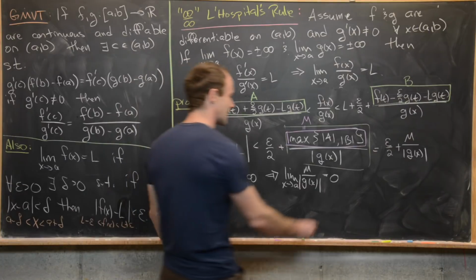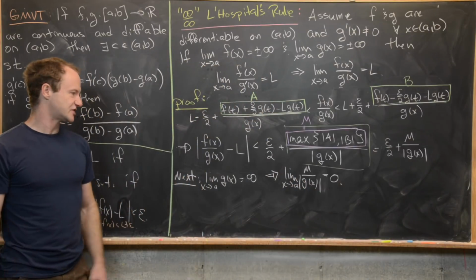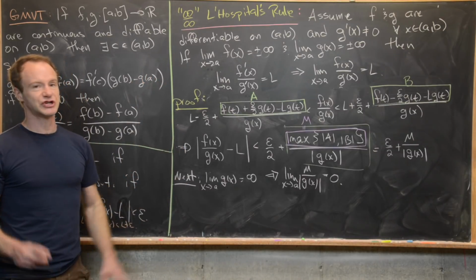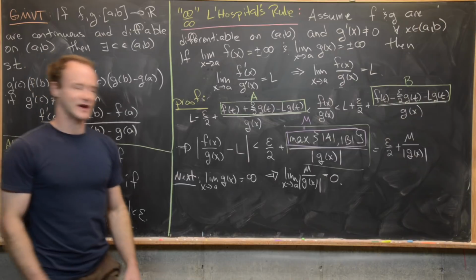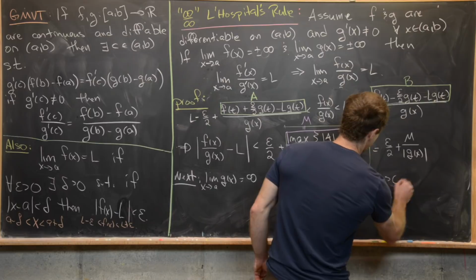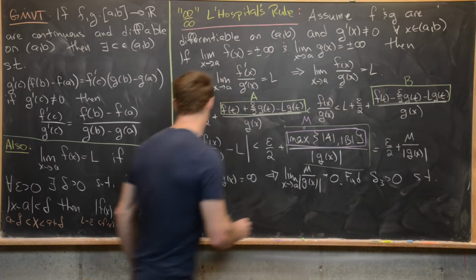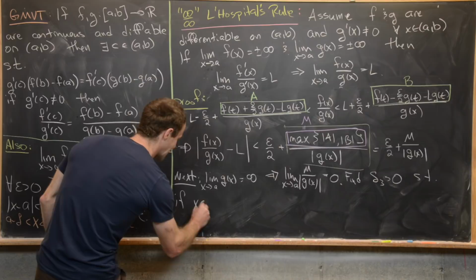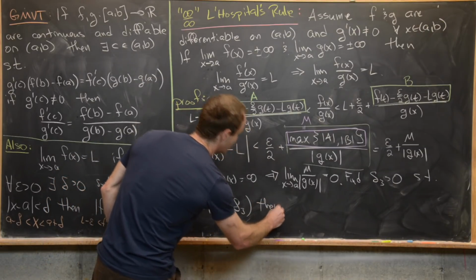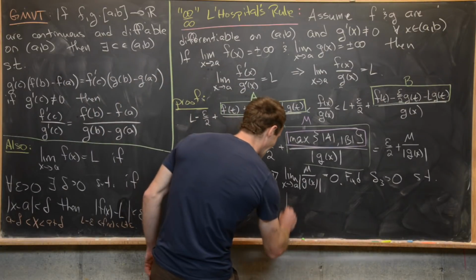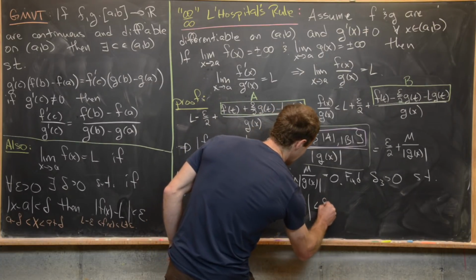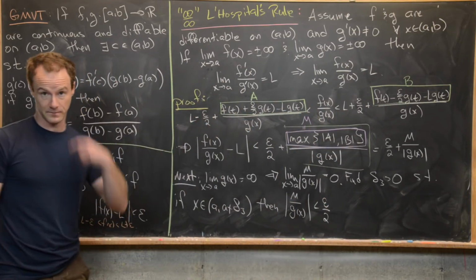Okay, but now we can apply the precise definition of the limit to this, again, where our epsilon is epsilon over 2, to find yet a third delta. So let's do that. So we will find a delta 3 bigger than 0 such that if x is on the interval a to a plus delta 3, then the absolute value of m over g of x is less than epsilon over 2.